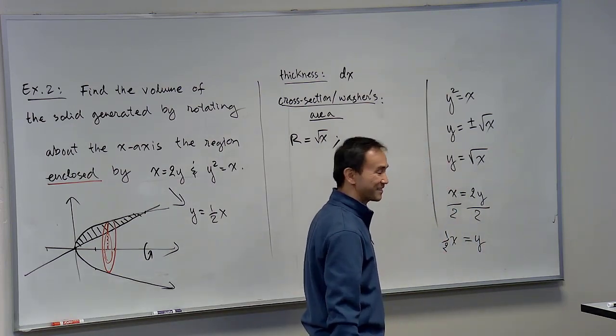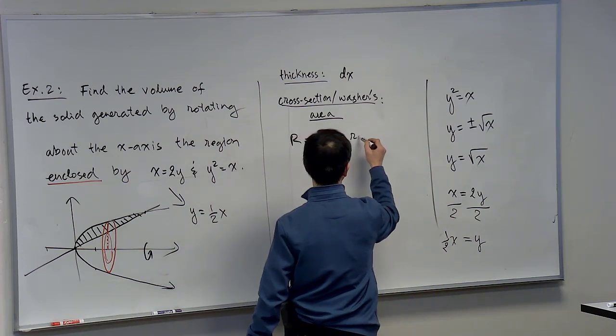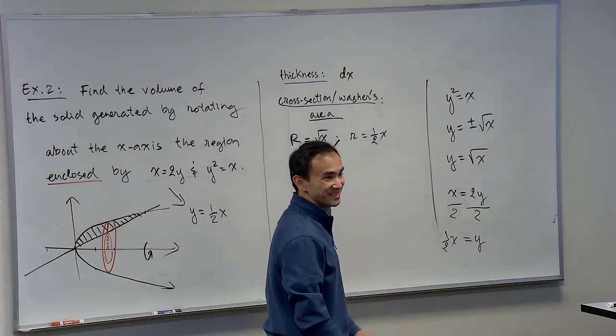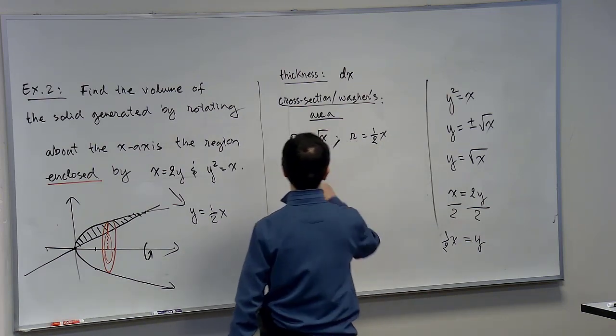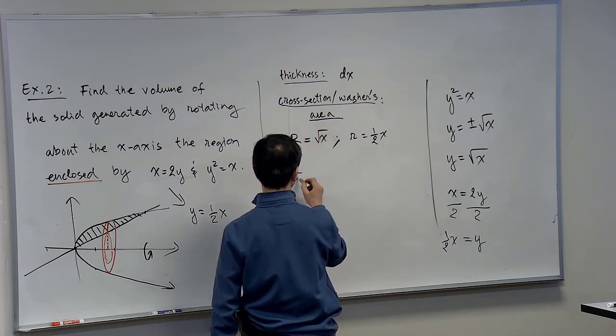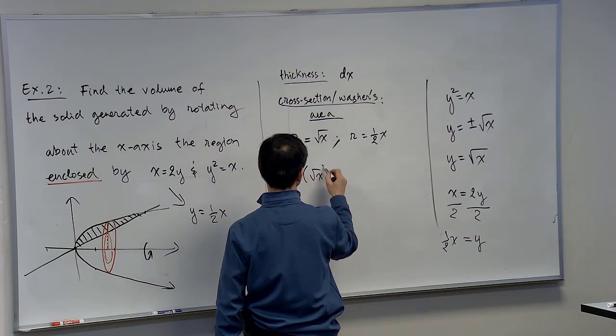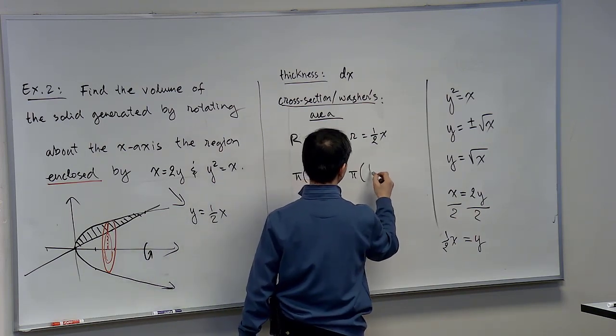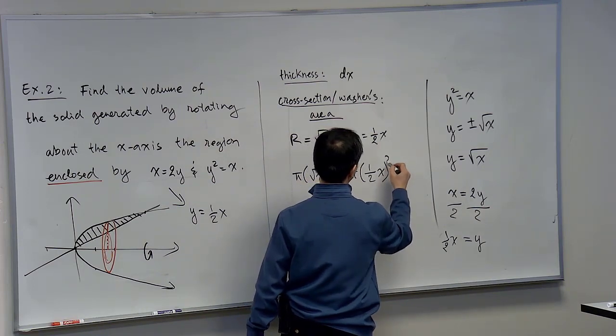And so the little radius is 1/2 x, expressed as a function of x. So now we're ready to put the cross-section area together: pi times the square root of x squared, so pi big R squared, minus pi times little r, 1/2 x all squared.